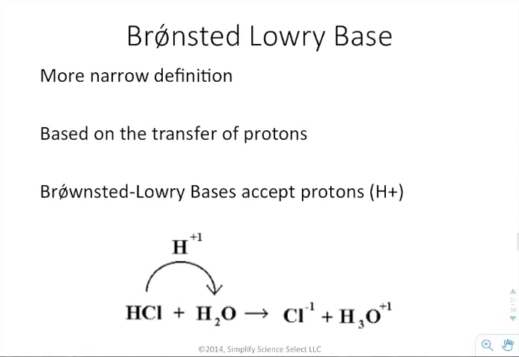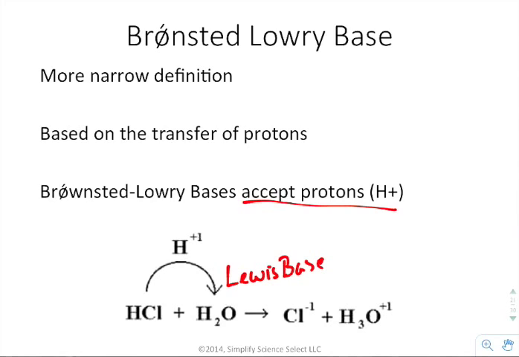Okay. Likewise, when you have a Bronsted-Lowry base, it is a slightly more narrow definition, but it's still based on the transfer of protons. A Bronsted-Lowry base is defined as something that accepts the protons. So in this original definition that we had, water is acting as the Bronsted-Lowry base, because it is the thing that is accepting the proton.